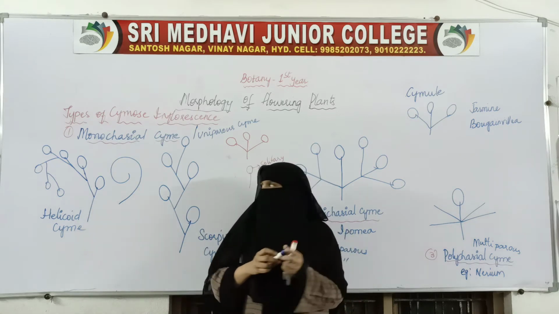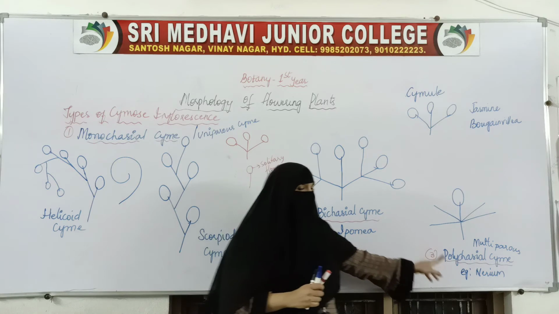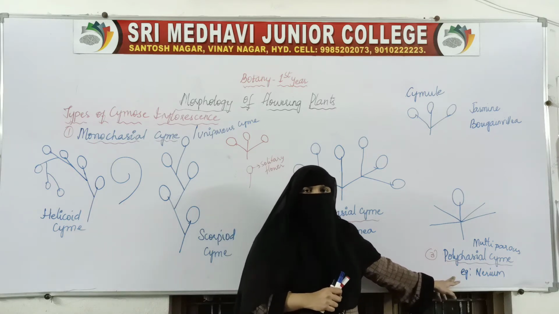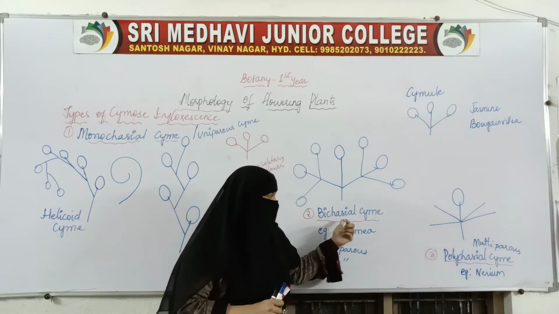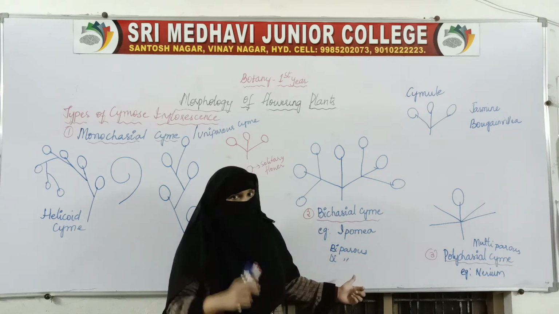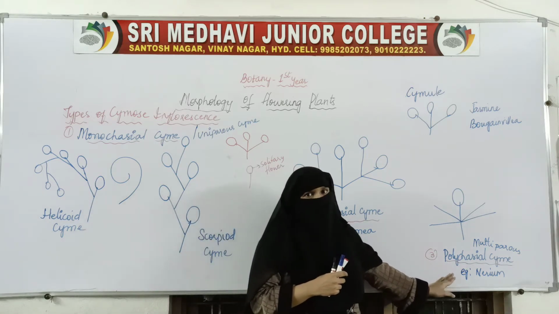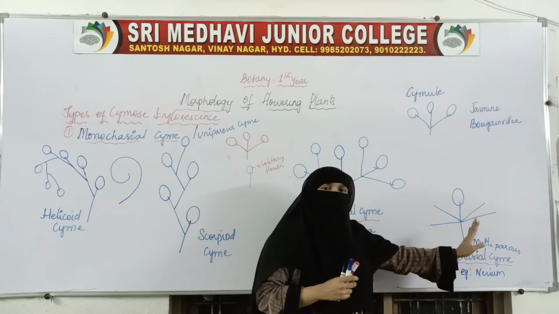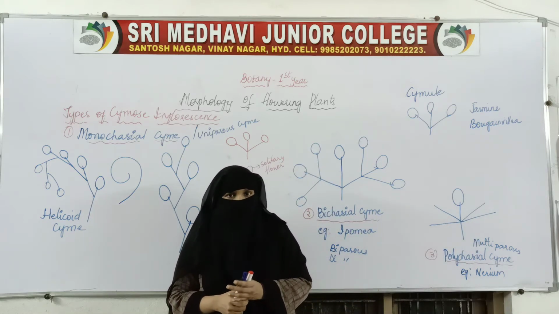In our book the names are given as monochasial, dichasial, polychasial cyme. Di means two, bi means also two, and polychasial is also called multiparous cyme.